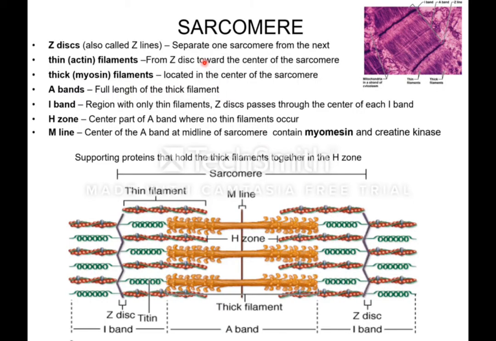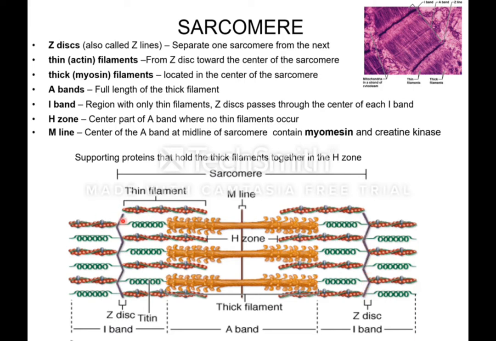The functional and structural unit of skeletal muscle cells is named the sarcomere. Sarco means meat, mere means unit. Each sarcomere is located between two Z discs, from here, one Z disc, until here, another Z disc.